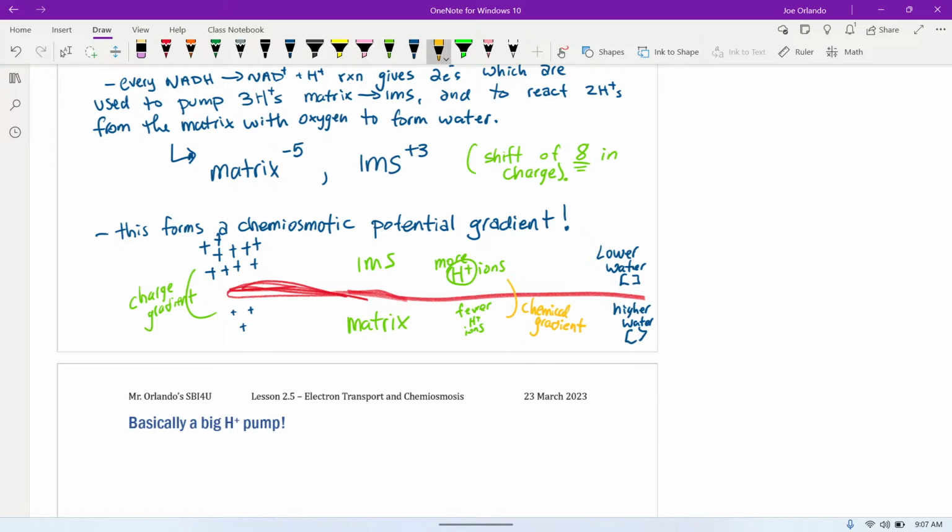And this gives us an osmotic potential, an osmotic gradient. And all 3 of these things are making it so those H plus ions have a ton of force trying to push them back into the matrix.